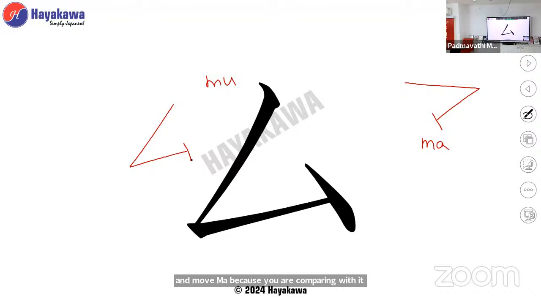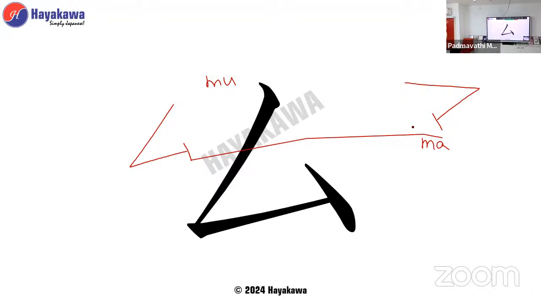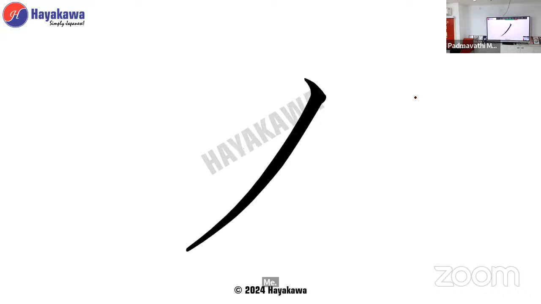So the other side, when it works, it is going to be mu. Ma, mi, mu. Me. 1 and 2.